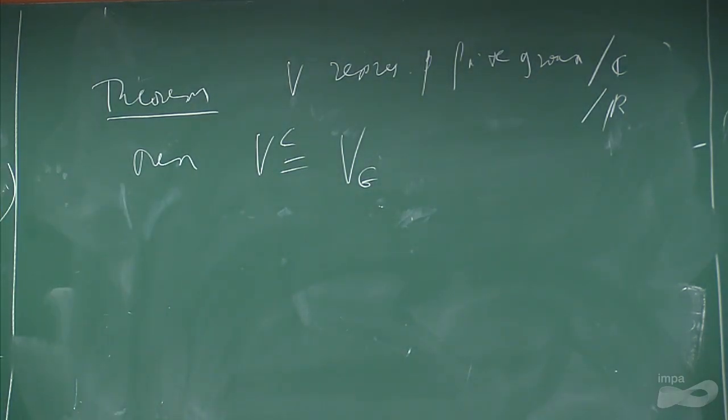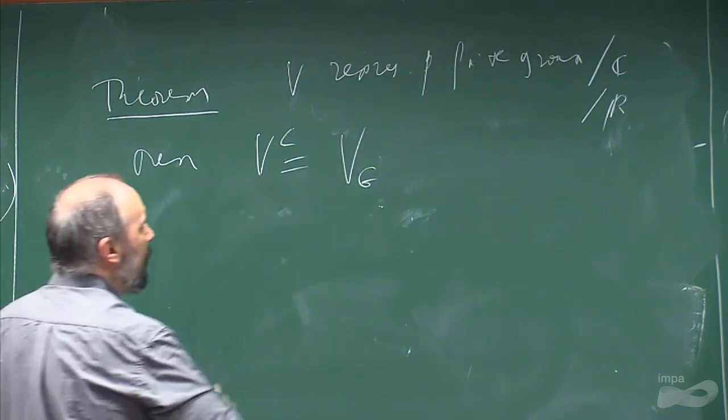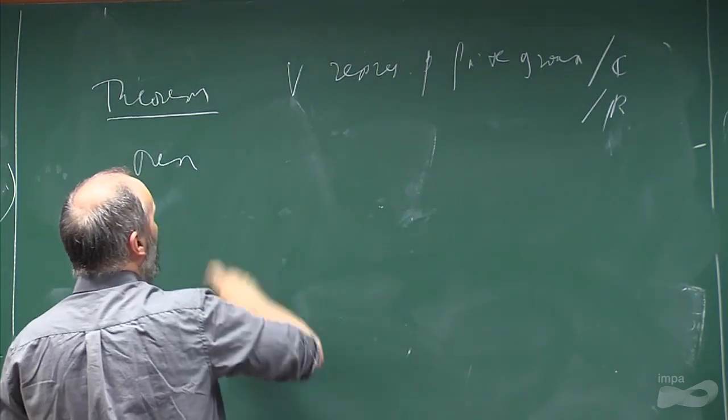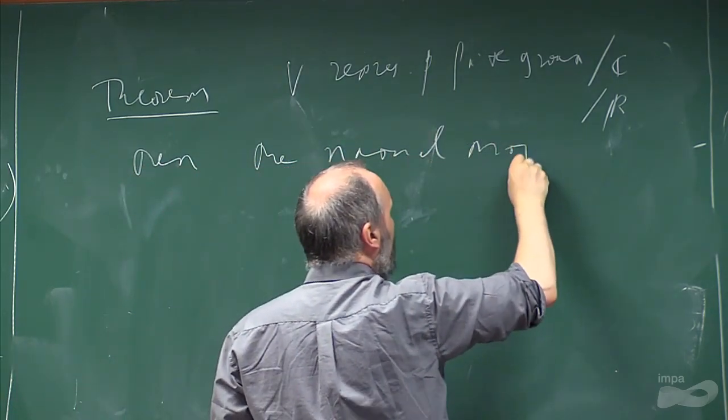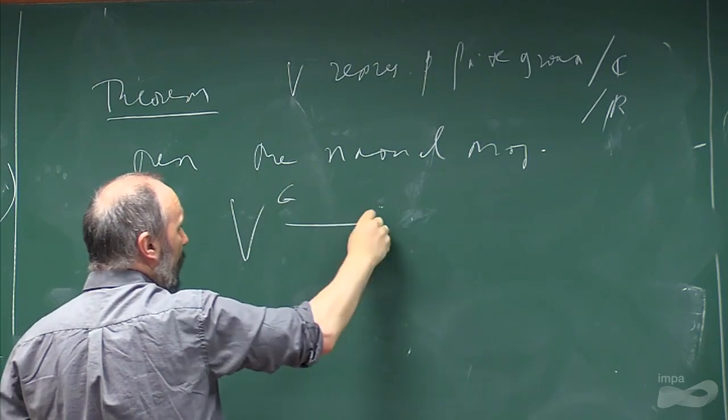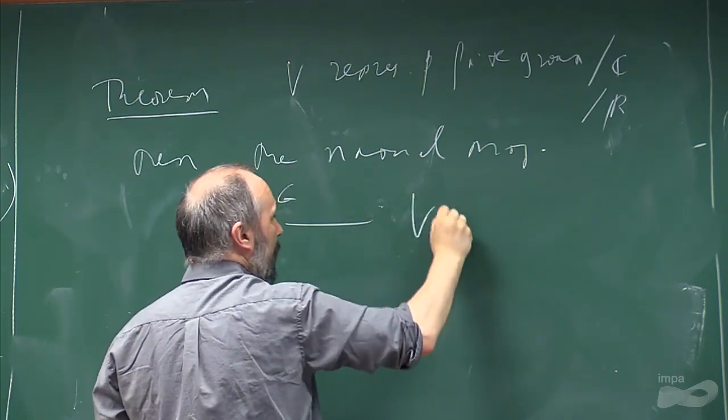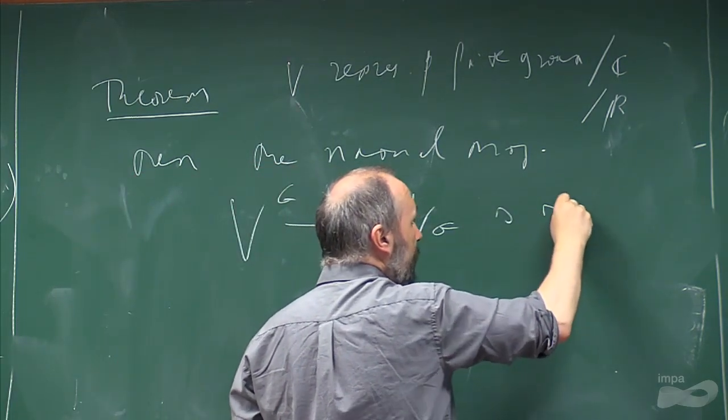Well, you obviously have a natural map from invariants to co-invariants, just projection. Then the natural projection from invariants to co-invariants is an isomorphism.